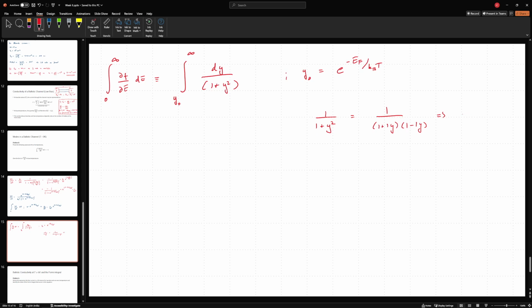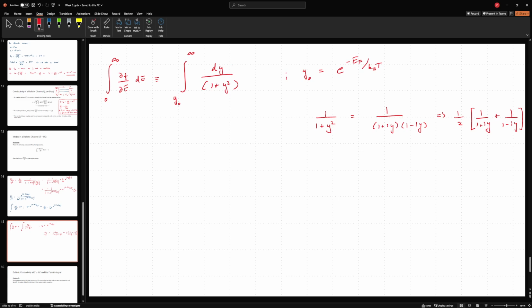Then I can decompose this into partial fractions, and it's just 1 by (1 plus iy) plus 1 by (1 minus iy). So this is the quantity.